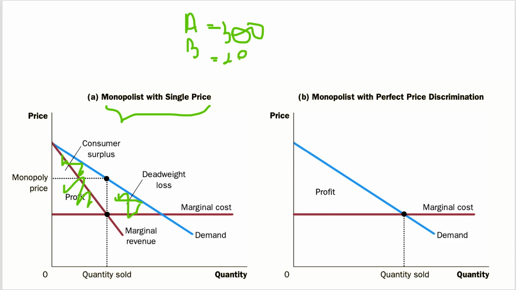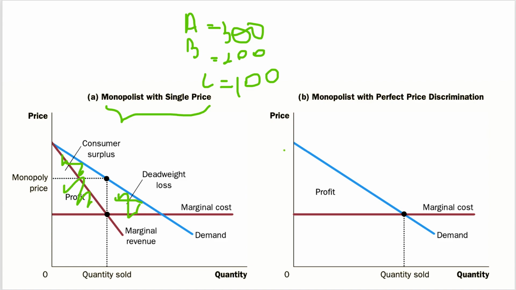Sorry, my writing is not that good on this tablet, but I hope you can get the idea, and C can pay 100. For example, we have only three consumers. So the monopolist knows that A can pay 300, B can pay 200, C can pay 100.